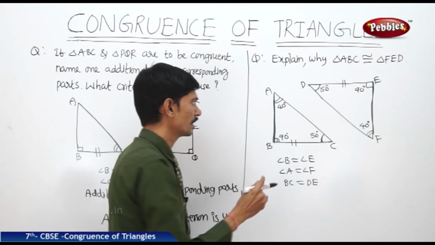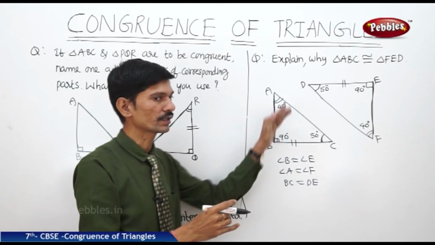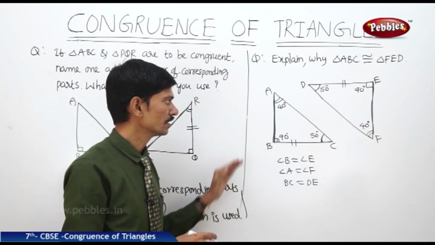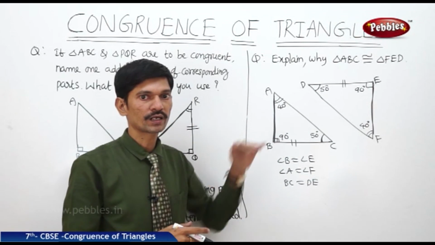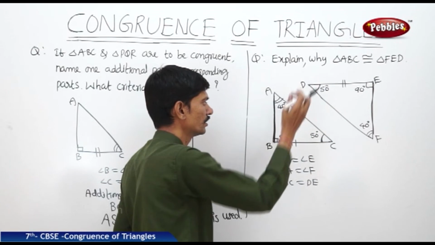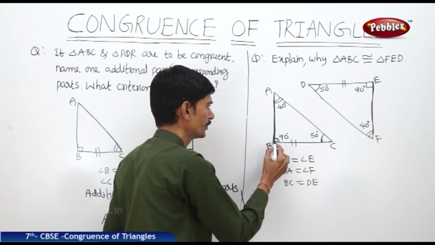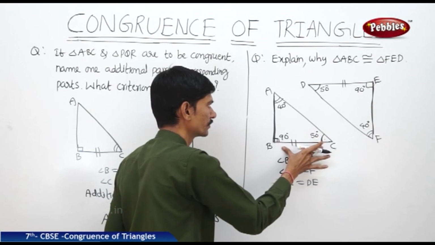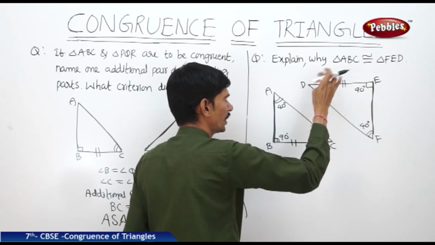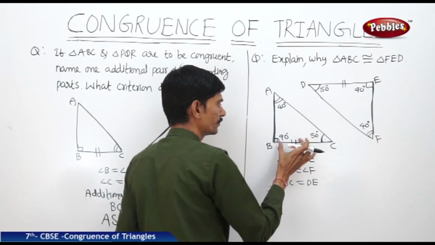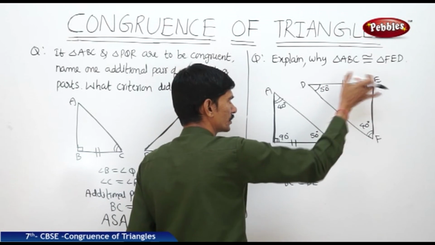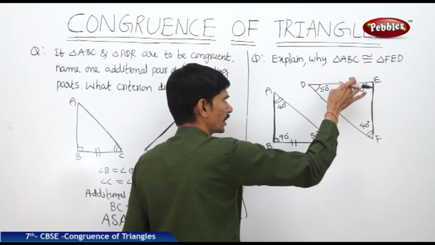So when the two angles of one triangle are respectively equal to the two angles of the second triangle, then the third pair of angles will also be equal. So here angle C equals angle D. Now observe angle B, angle C and BC. Here also we can observe angle E, angle D and DE.